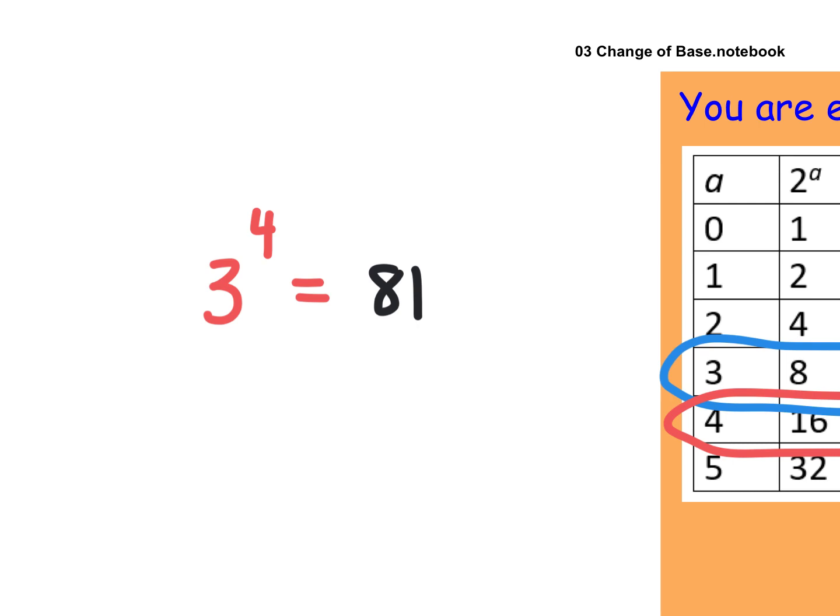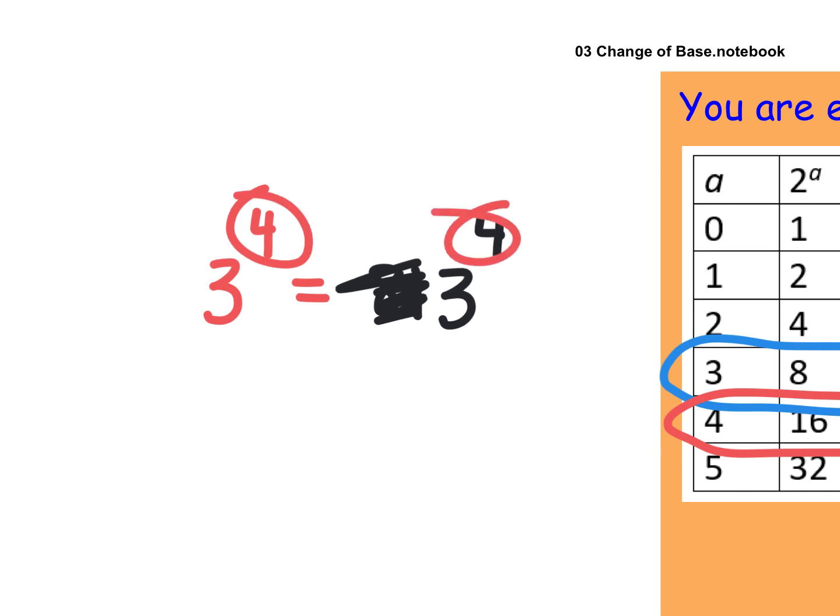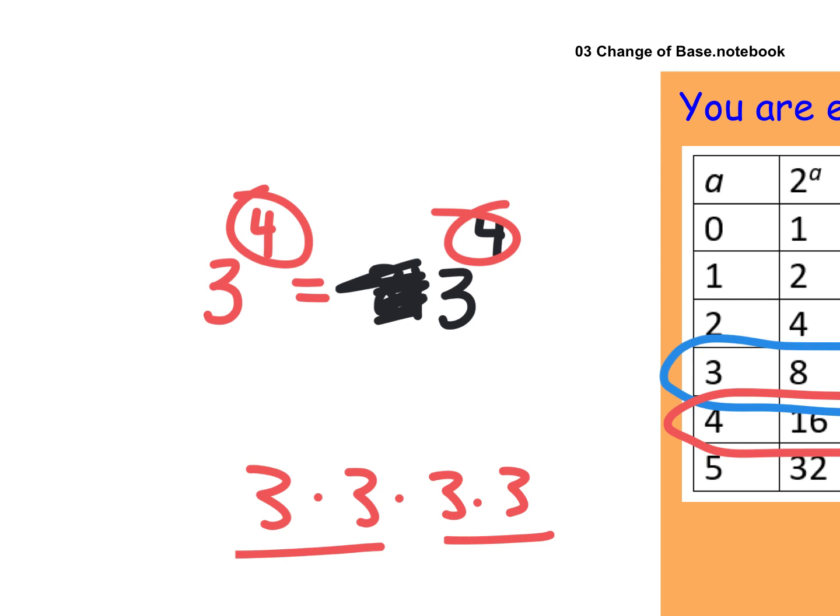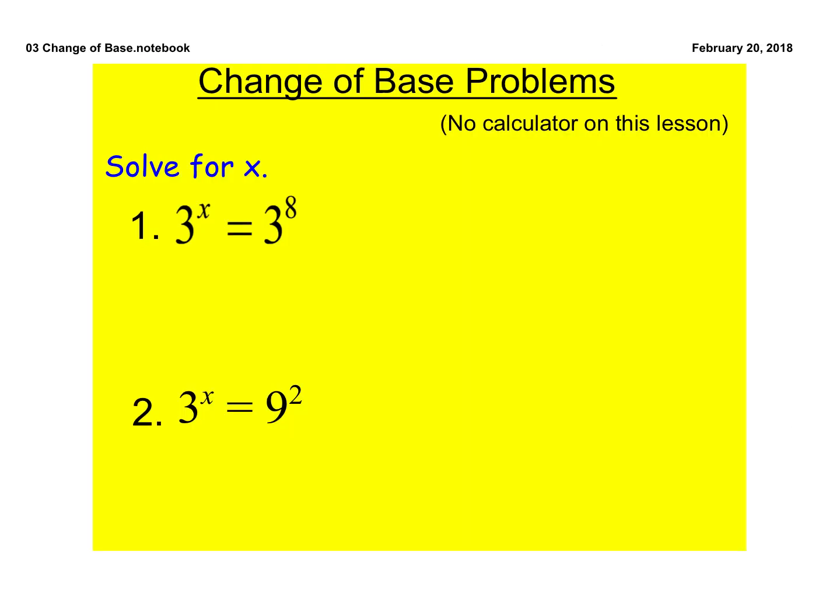If you're able to go, oh, 81, that's 3 to the fourth, then you can replace this with 3 to the fourth, and then you can be like, oh, clearly this is correct. The powers are the same. Yeah, because 3 times 3 is 9. Yep, 3 times 3 times 3 times 3 is really like 9 times 9, which is really like 81. It all works.